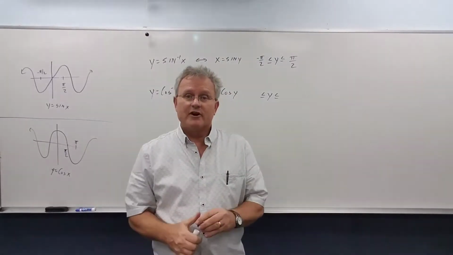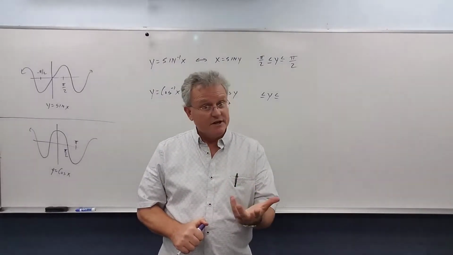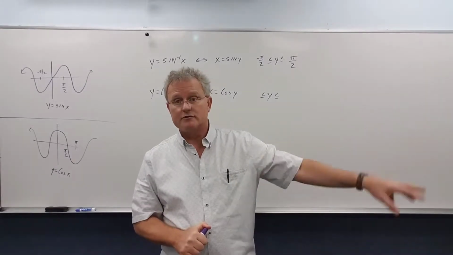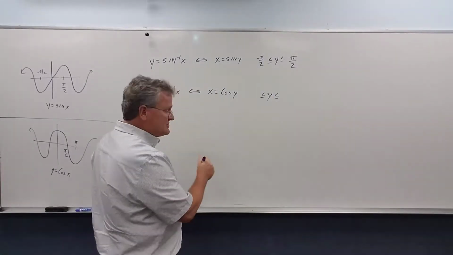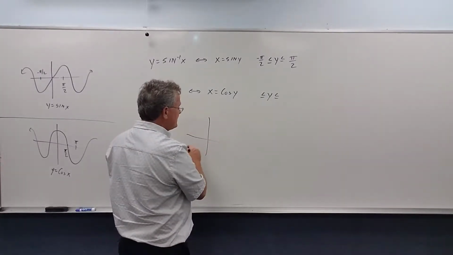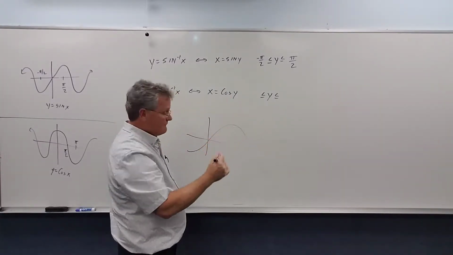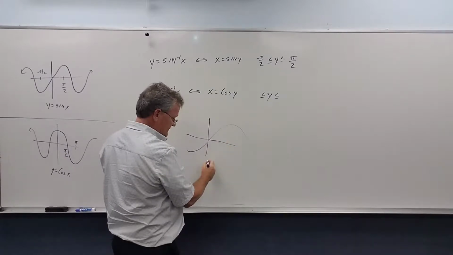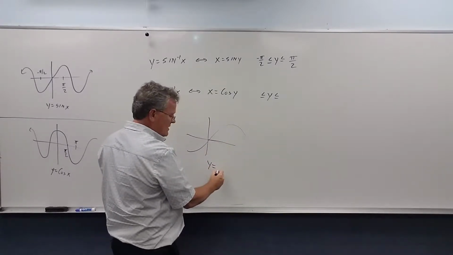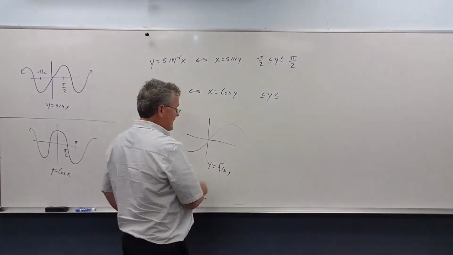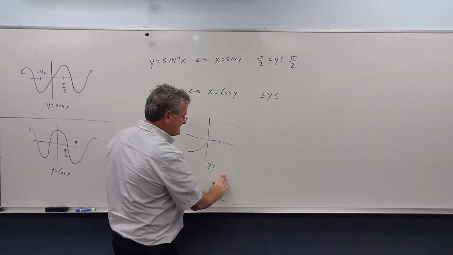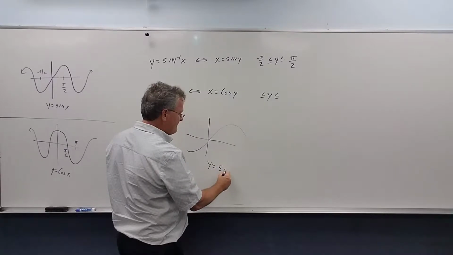Okay, let me first refresh our memory on the idea of an inverse function, which we covered back in part 1 or 2 of this website. Just remember an inverse function. If we have some graph, y equals f of x, sine x or whatever, let's make it sine x, this is the sine graph.